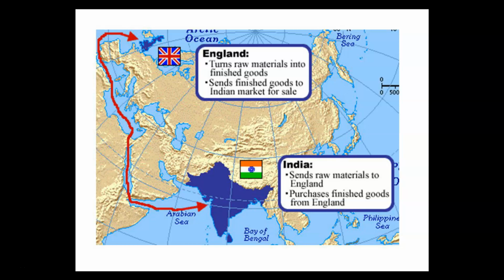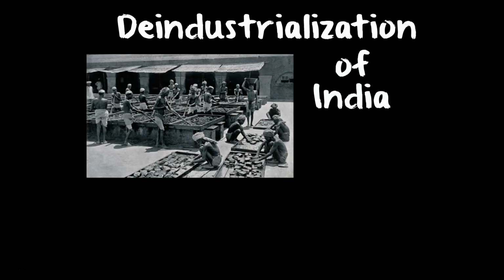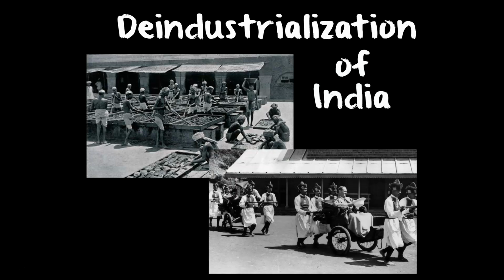In this imperial scheme, India became a market for British goods, as its native textile industry was deliberately reduced, and it became a major source for raw cotton production to fuel the textile industries in England. To meet the demands of British business and empire, India was deindustrialized.